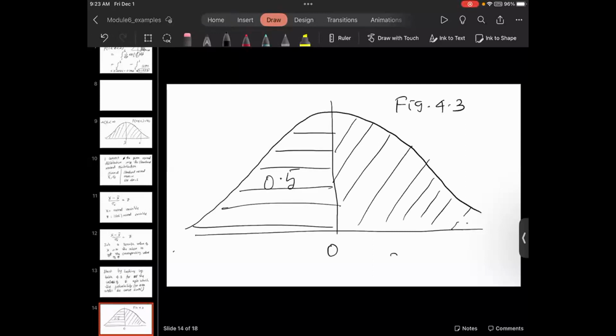If you want 0.95, clearly you want to start from minus infinity all the way to some value for which the area under the curve is 0.95. Minus infinity to 0 is 0.5, so if you subtract that 0.5, this portion is 0.45. So you need to look up what value of Z will get you 0.45 approximately.